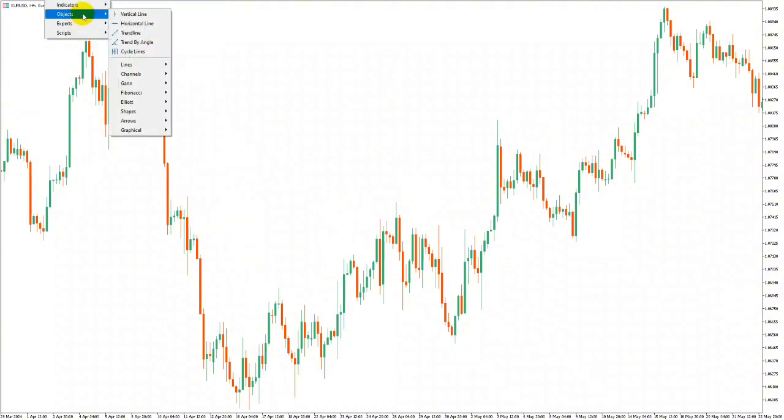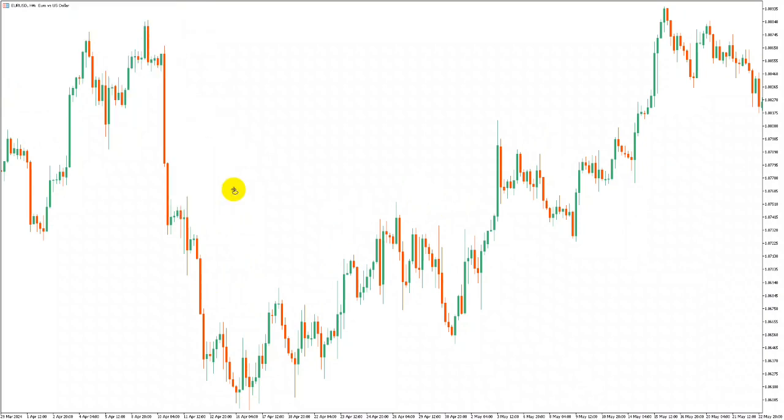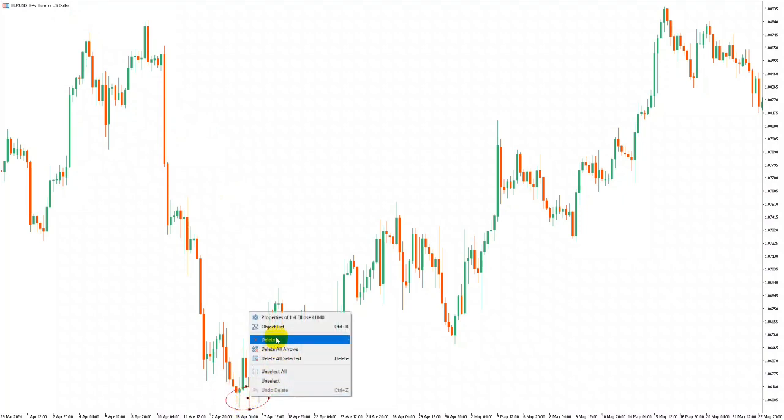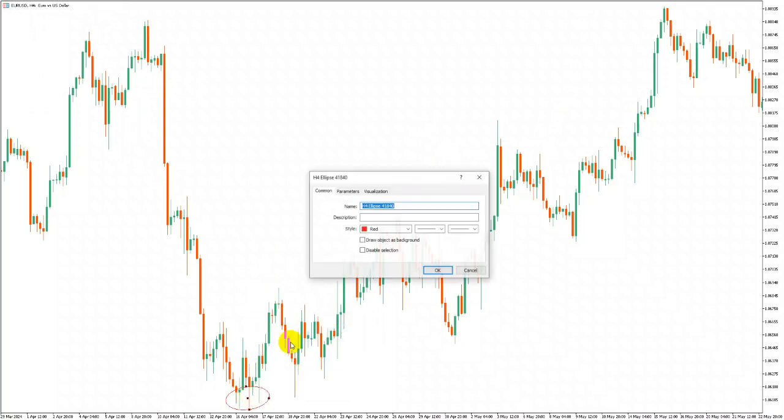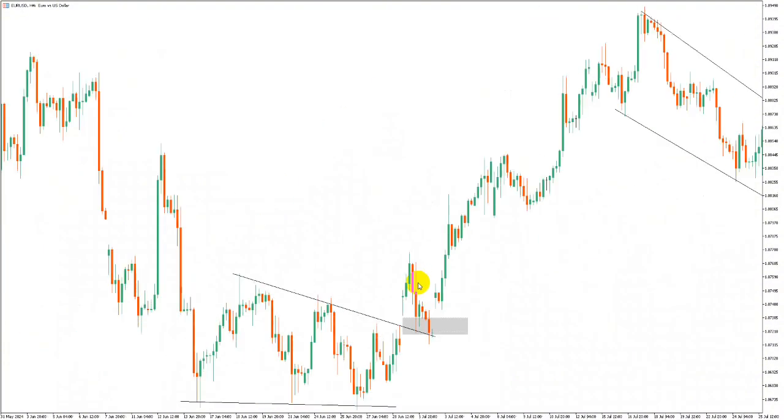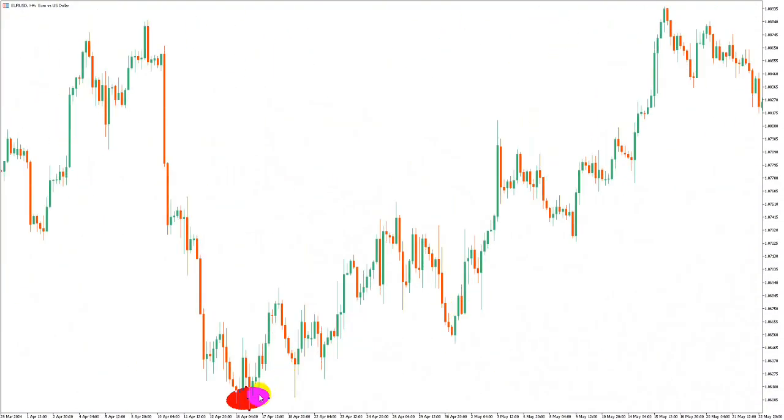Sorry guys, I need to identify what I'm drawing there, and let me get the property, then fill it. So you can see that the change of direction actually begins from this low.